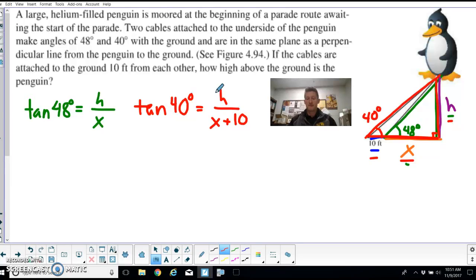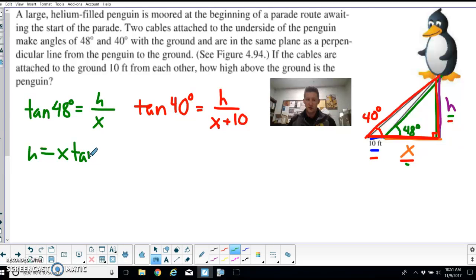Now, what we really want is h. But we should probably know what x is in order to figure out what h is. Okay, so because I've got two variables, I do have two equations, so I'm going to use some substitution to solve here. I think the easiest substitution that we can do is to solve for h in each of these equations. So first of all, as I solve for h in the green triangle, h is going to equal x times the tangent of 48 degrees.